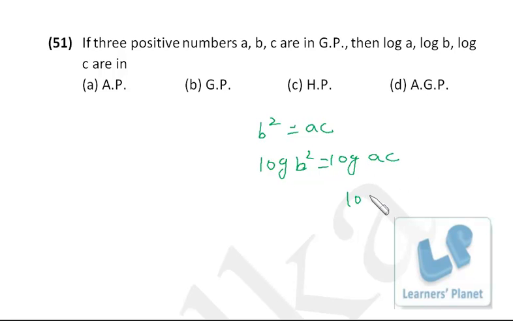Now log AC can be written as log A plus log C, and log B square can be written as 2 log B. So precisely log B is equal to (log A plus log C) by 2. That means log A, log B and log C are in AP. Okay? Simple.